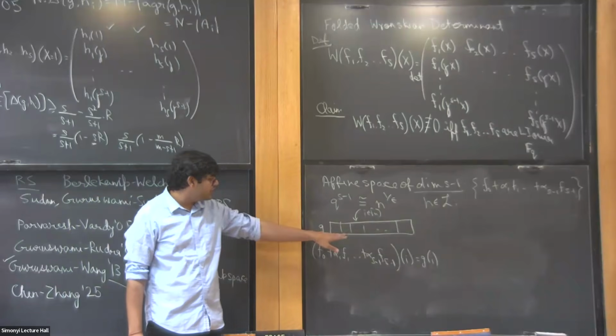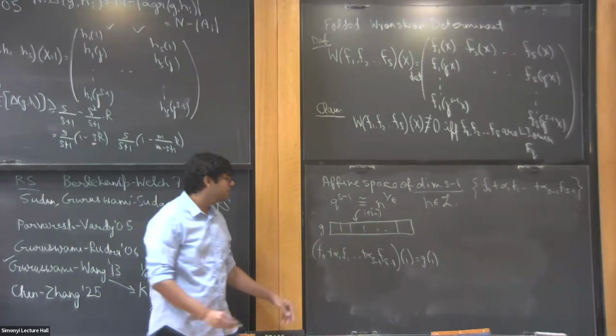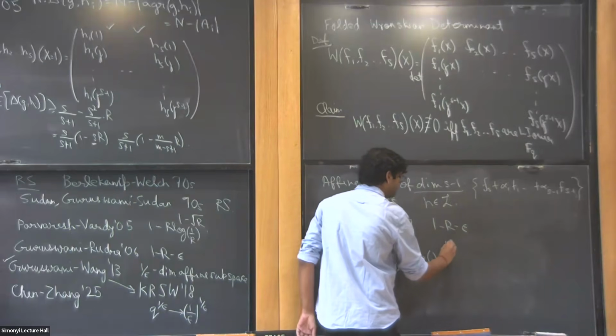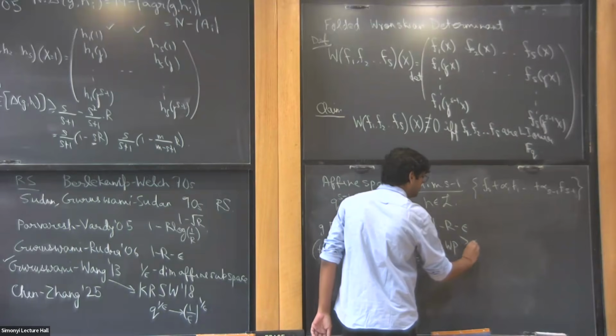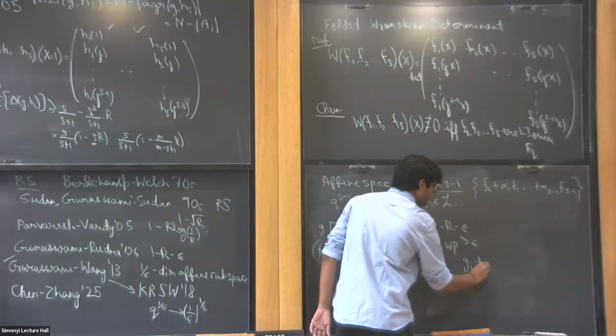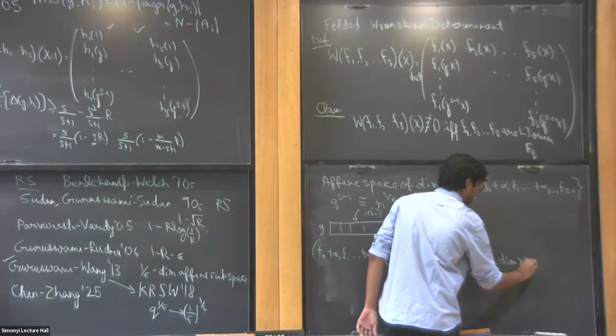So you show that with some probability, this works. If you're decoding at 1 minus r minus epsilon, what they show is that with probability at least epsilon, both things happen: Gi is equal to Hi and the dimension reduces.